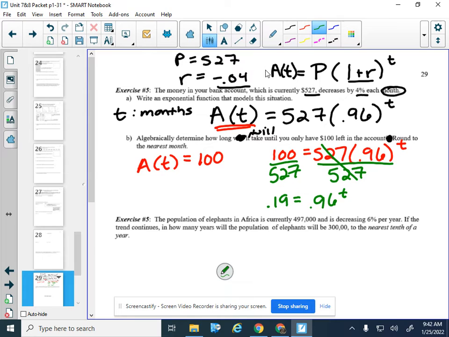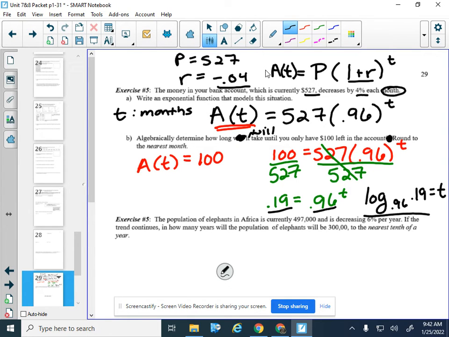We see that that's our exponential form. Our base is 0.96, exponent is t, our number is 0.19, and we're going to change it over to log form so that we can type it in our calculators. So this is log, the base is 0.96, the number it's equal to is 0.19, and that equals t.